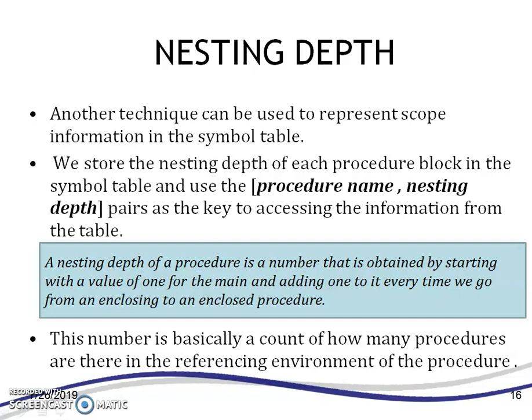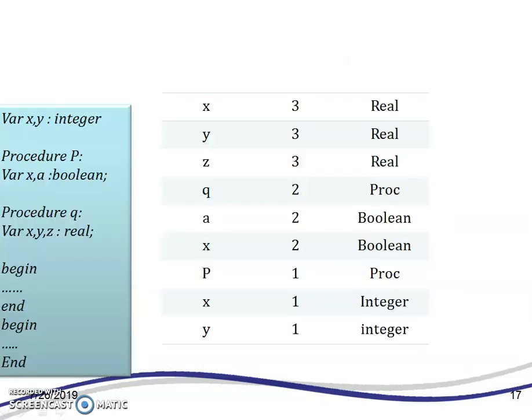This number is basically a count of how many procedures are there in the referencing environment of the procedure, as shown in the figure. The outer procedure has a nesting depth 1, so the names that appear in the outermost block also have nesting depth 1.